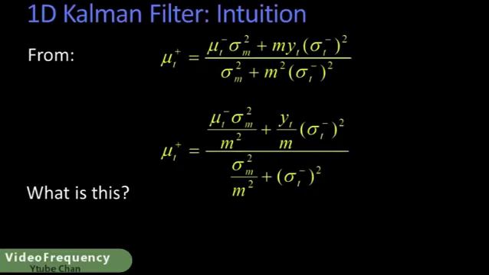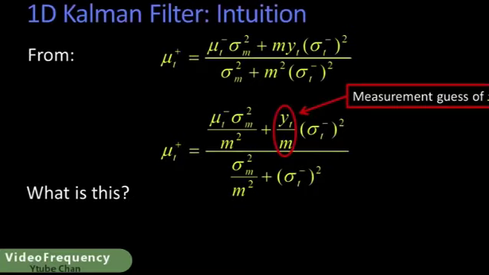I have no idea. Well, yes, you do. Here it is. See this yt over m? Remember, y, the measurement, was just m times x. So yt over m is the measurement's guess of what x is. If you were looking just at the measurement, that's its guess.